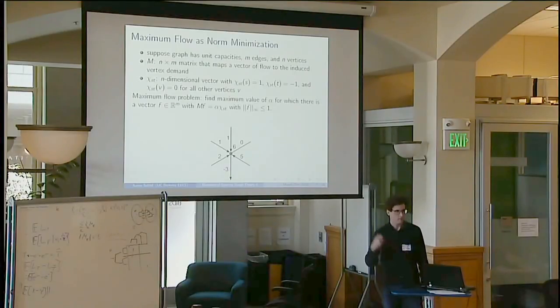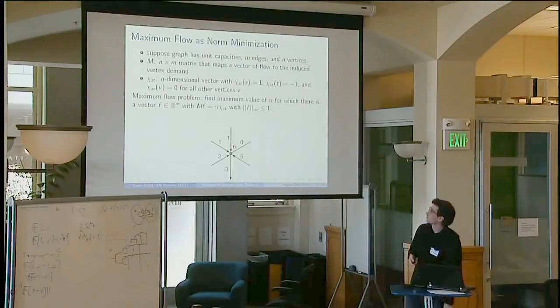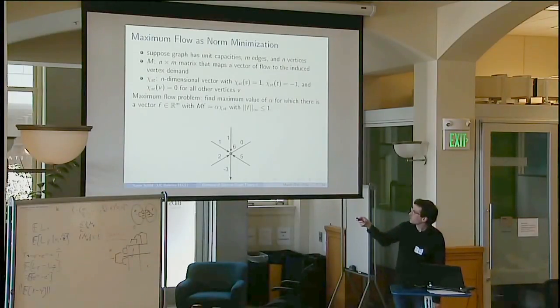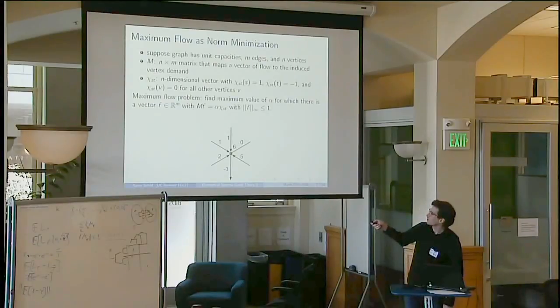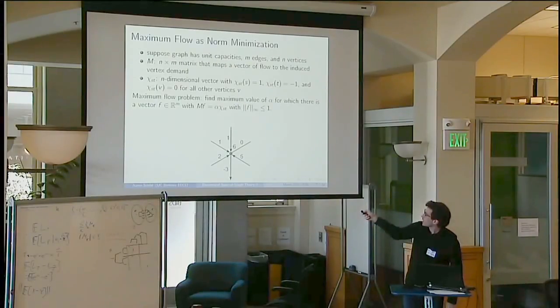So now that we have this notation, we can write the max flow problem a little bit differently. The max flow problem is just: find a value of alpha for which there is a vector f with Mf equals alpha times the indicator vector that respects the capacities.